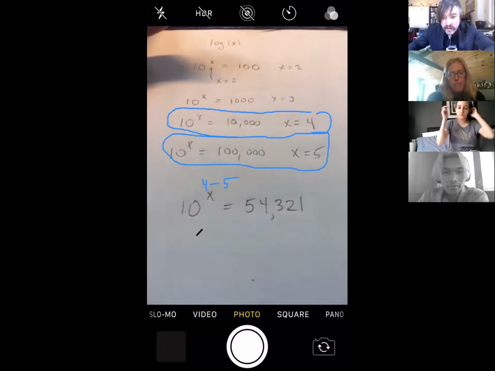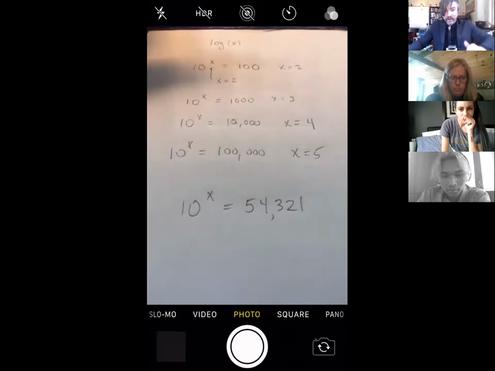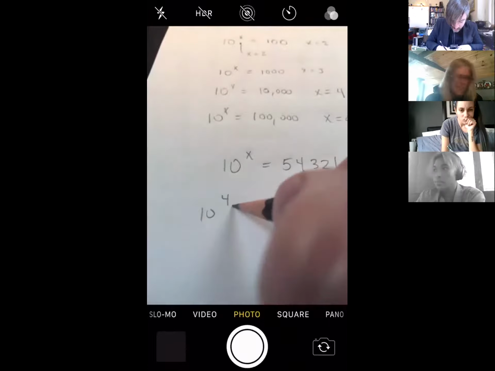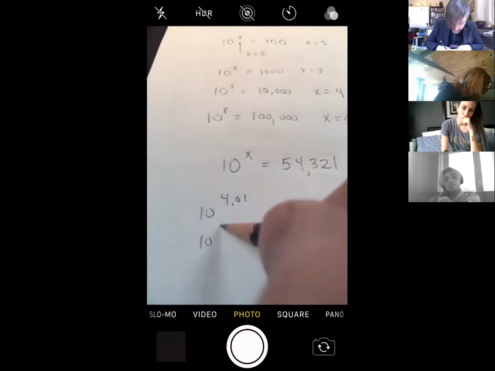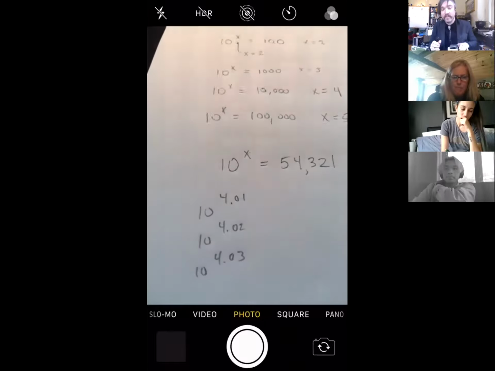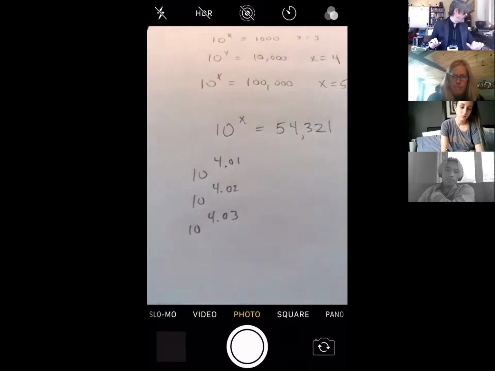So here's what you do to solve the problem. You write a computer program which is designed to raise 10 to the power of every number between 4 and 5. So what you do is you write a computer program that will raise 10 to the power of 4.01, 10 to the power of 4.02, 10 to the power of 4.03, and you tabulate all the results in a log table.